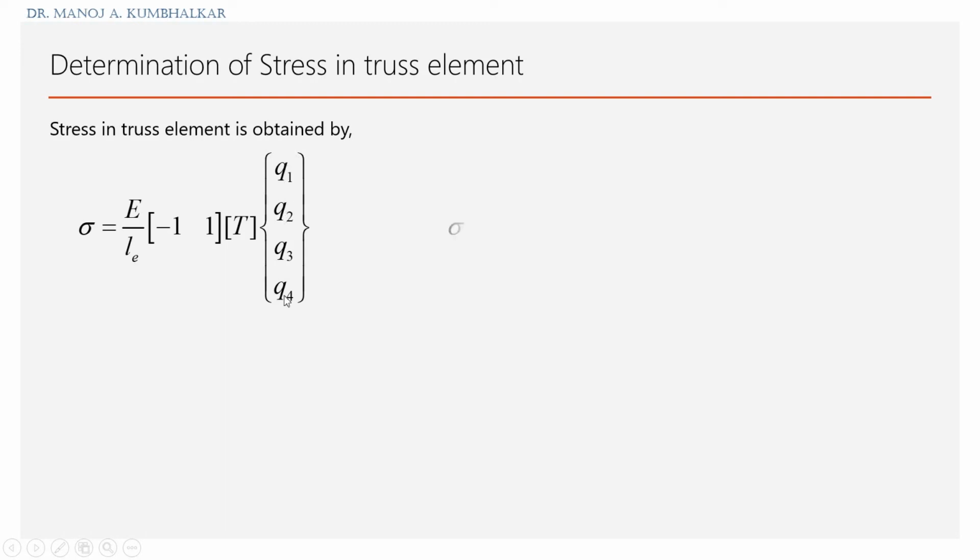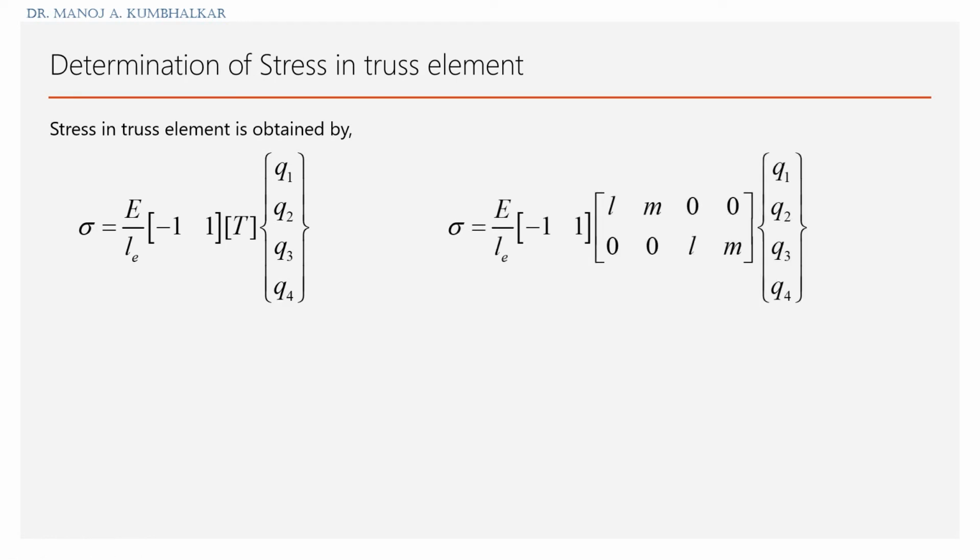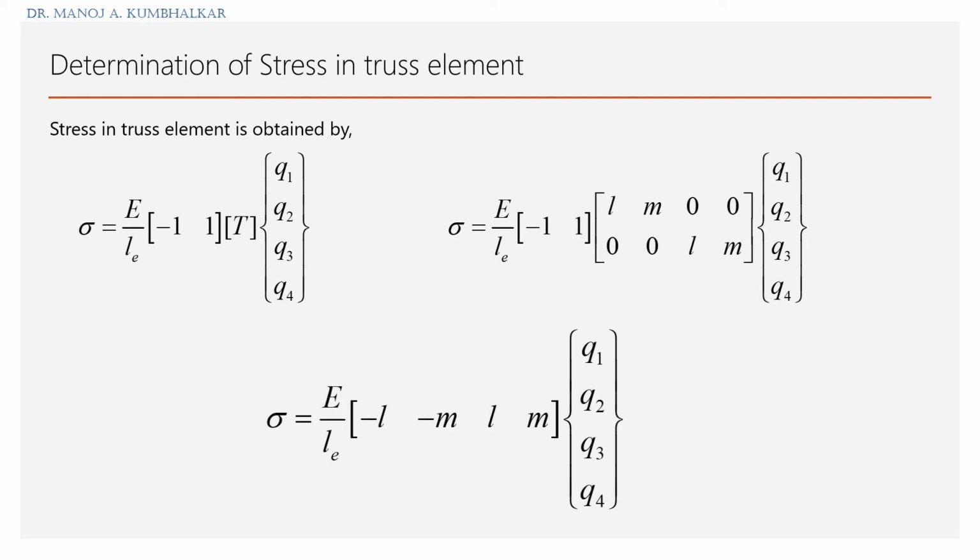So, if you put the transformation matrix here, L M 0 0, 0 0 L M, and multiply it with all the elements, you will get E by LE times minus L minus M L M into Q1, Q2, Q3, Q4. So, this is the standard equation to find the stresses in a plane truss.